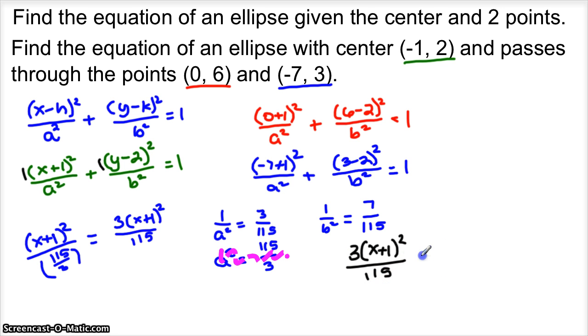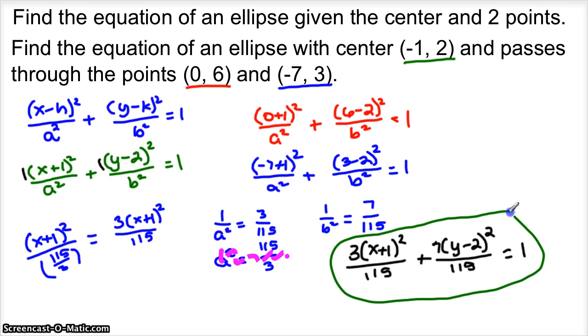Do the same thing for the next term, so plus, and that'll be y minus 2 squared, right? 1 over b squared is 7 over 115, so I'm just going to put my 7 there and my 115 on the bottom, and then that whole thing equals 1. Okay, so that means that right here is my final answer for solving it.